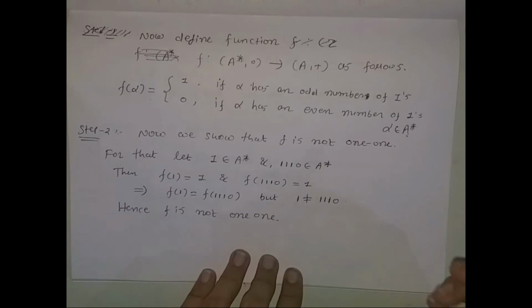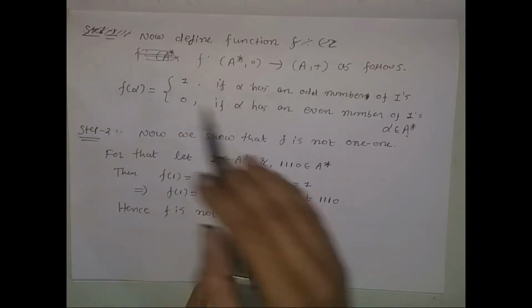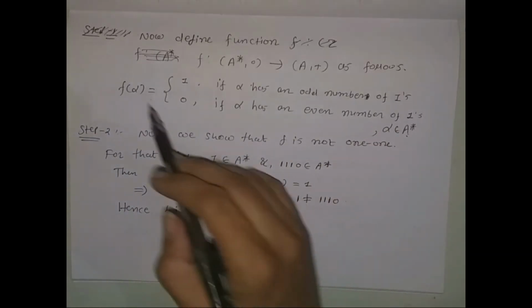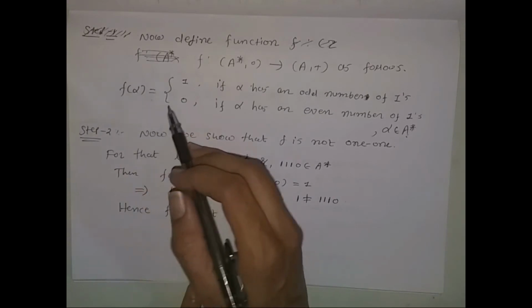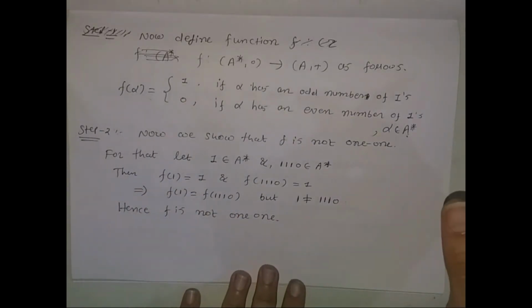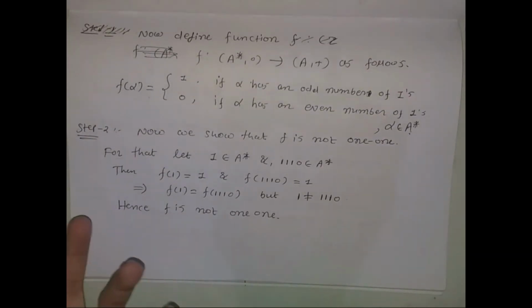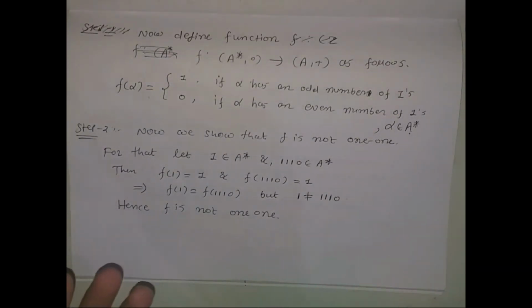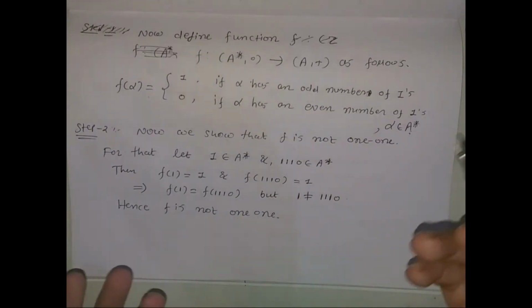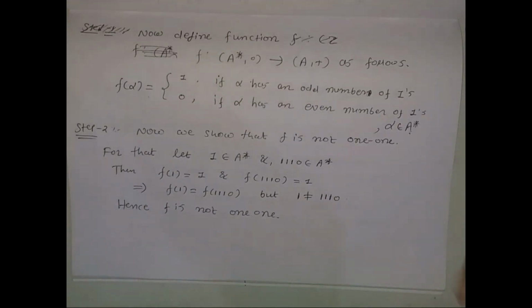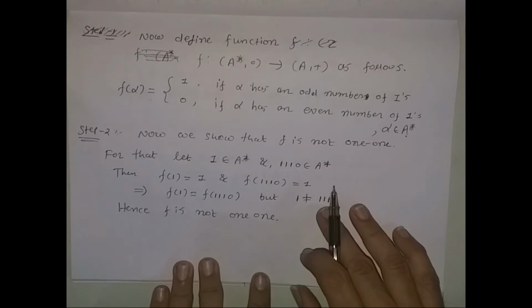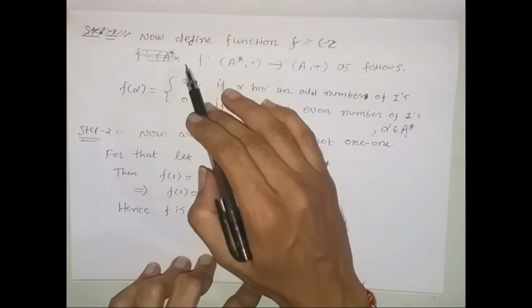So if alpha belongs to A star, then alpha is a finite sequence containing 0s and 1s. It may contain all 0s, it may contain all 1s, it may contain two zeros and one 1. How do we define the function?